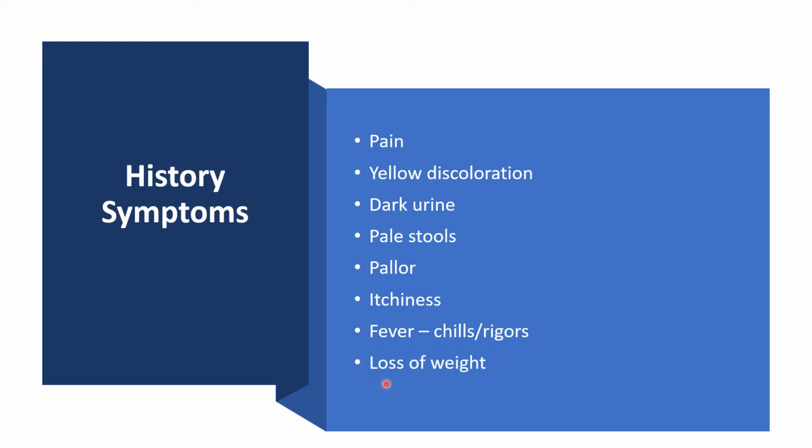You must go into the details of loss of appetite and especially loss of weight. Patients with malignant tumors causing the obstructive jaundice usually have very significant loss of weight.